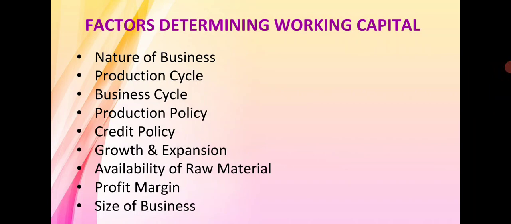If the organization is totally based upon capital intensive technology, then definitely the requirement for working capital is very high, because we need to pay a proper amount on repairs and maintenance, then the repayment of installments, and then we require funds for payment of interest.